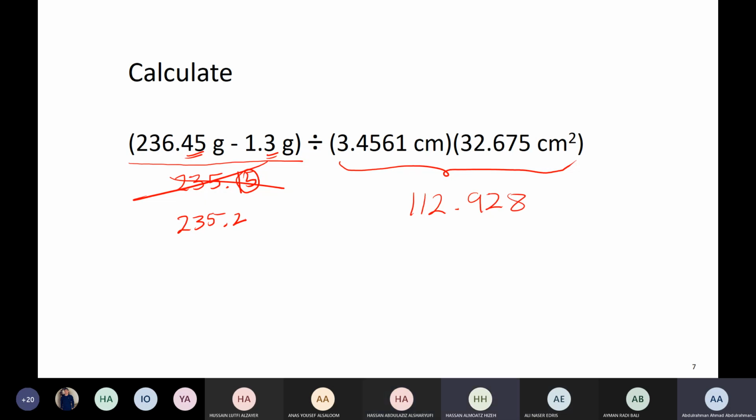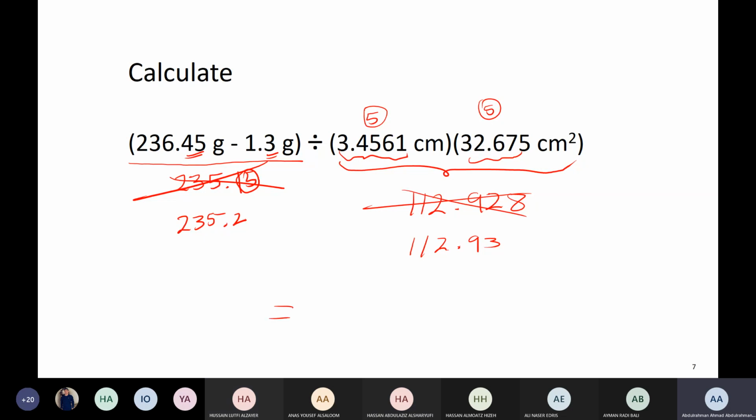Is this correct from a significant figure point of view? No, we need only 5 significant. Count everything here. How many here? 5. How many here? 5. Your answer should be 5. This is wrong. It should be 112.93. Good. Now divide this one by this one.